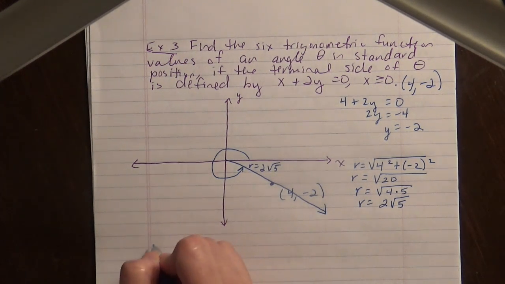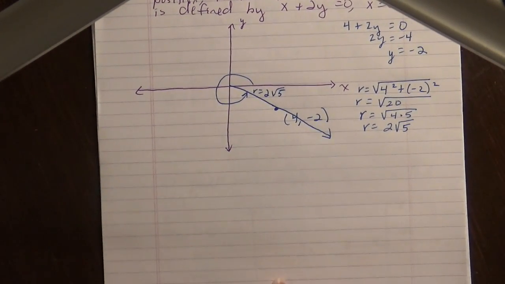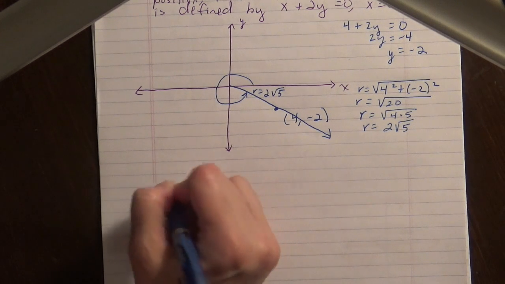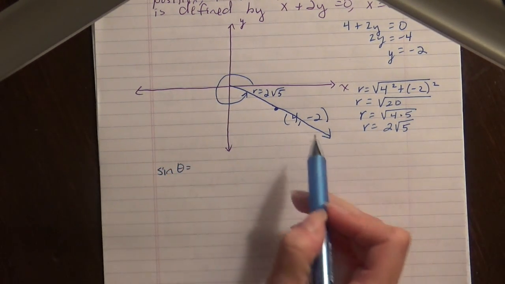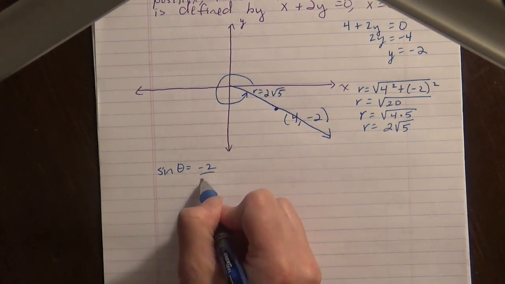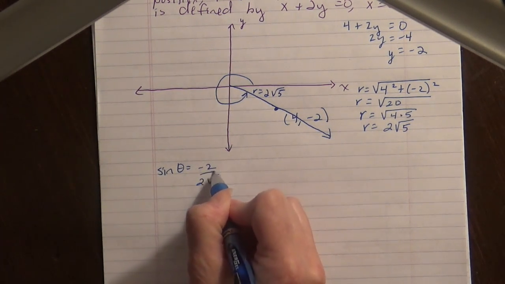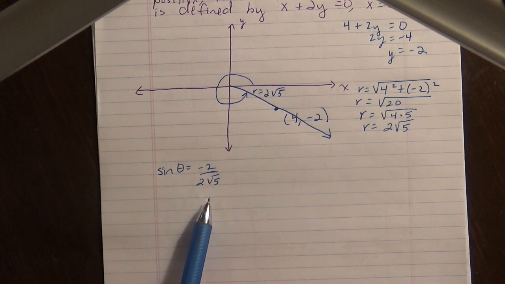And now we're ready to do all of our function values. So sine theta is y over r, negative 2 over 2 times the square root of 5. Now notice you've got this square root in your denominator. We're going to want to avoid that. We do not leave radicals in the denominators of fractions.